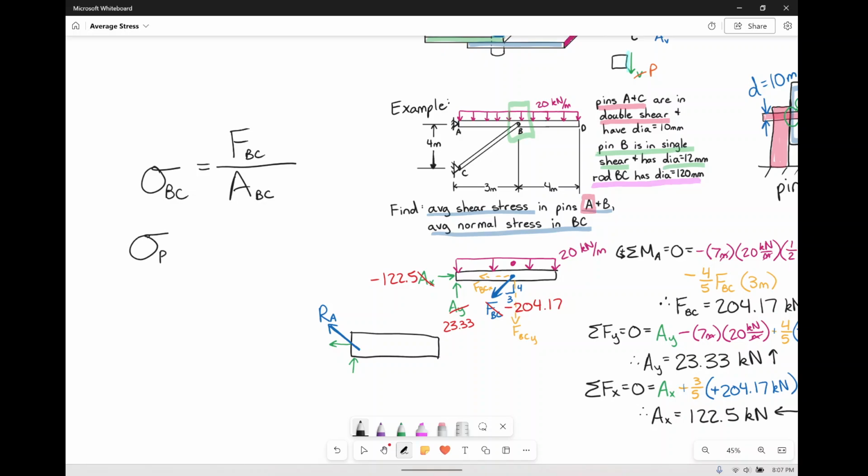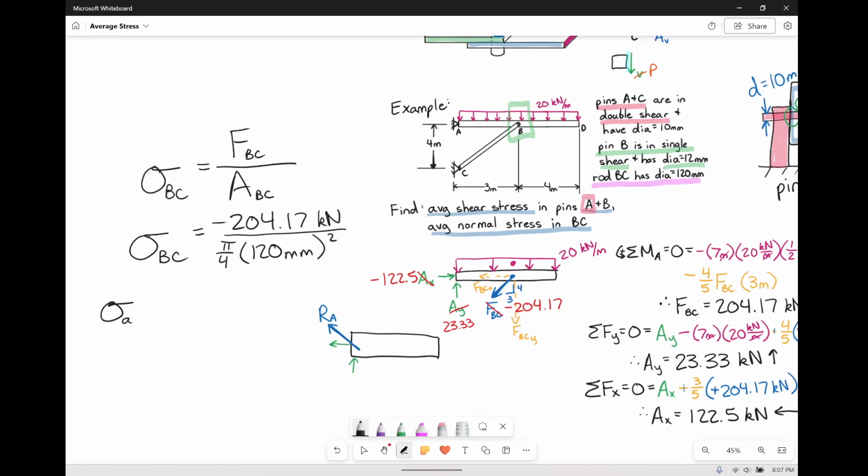So we said that that force is minus 204.17 kilonewtons over the area of BC, and it is again a rod, so that's pi over 4 times the diameter, 120 millimeters squared.